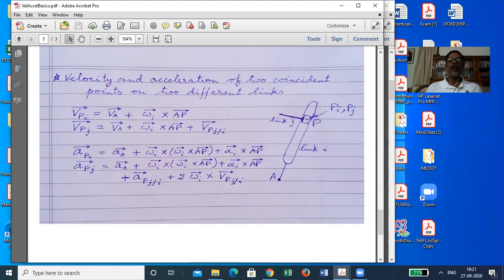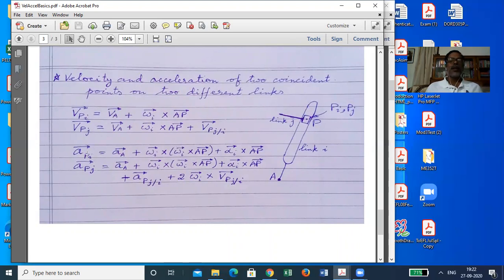For the velocity of the same point on link J, that much will certainly come, plus another term will come, which is the relative sliding. That is velocity of point P on link J relative to point P on link I, and that will be along the slot, right? For acceleration, there are quite a few terms in such situations.